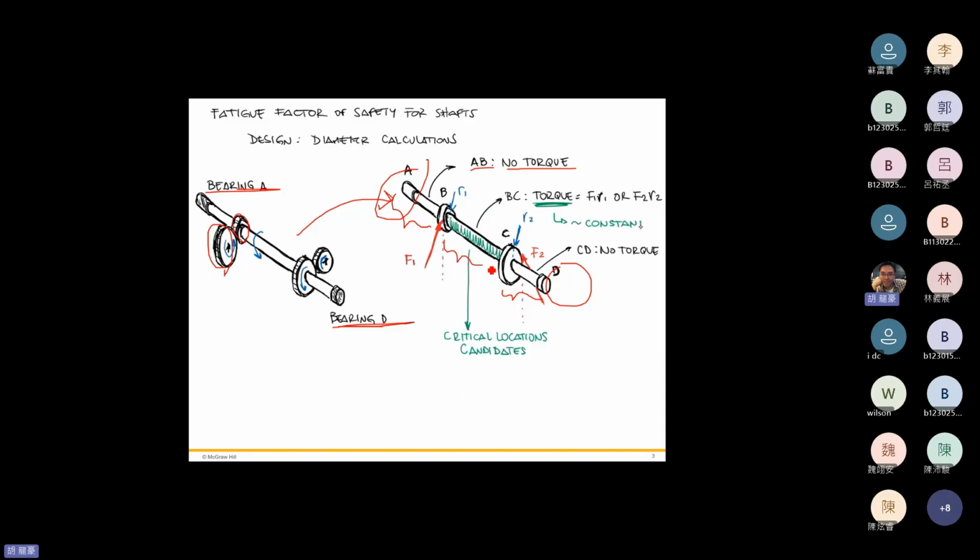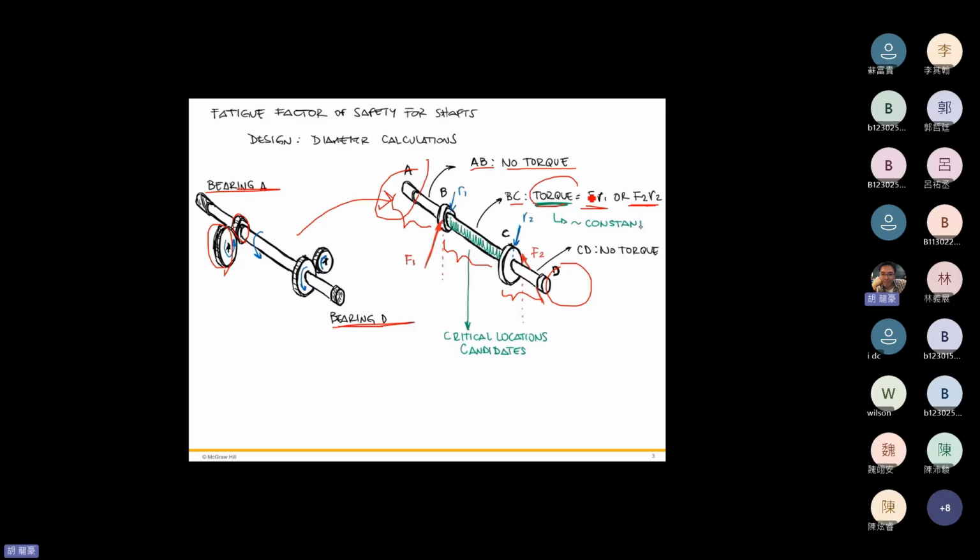Let's see the main portion of the shaft subjected to the fatigue or the torque, so it's the critical location candidate for torque. Therefore, for this BC shaft, the torque equals F1 times R1 or F2 times R2. And this torque is a constant.